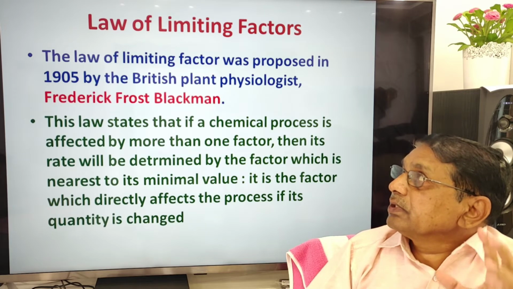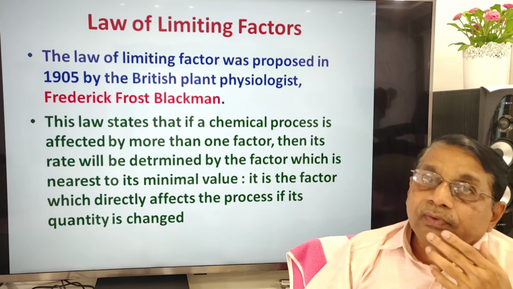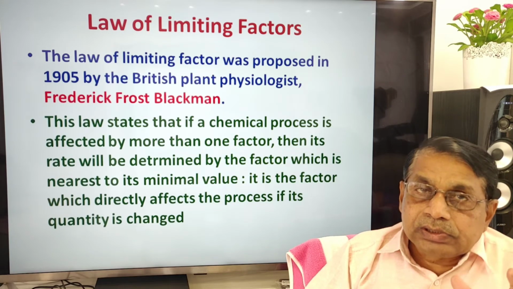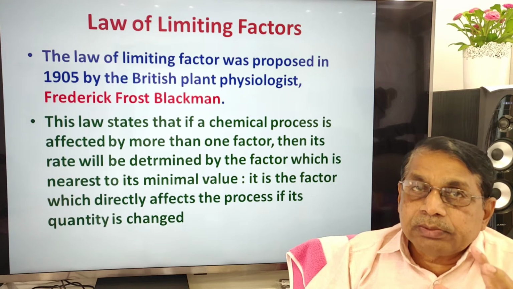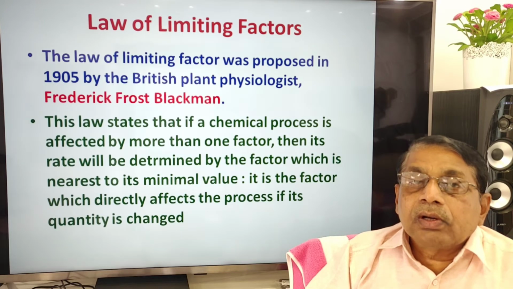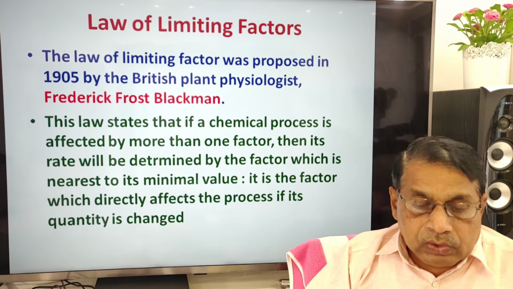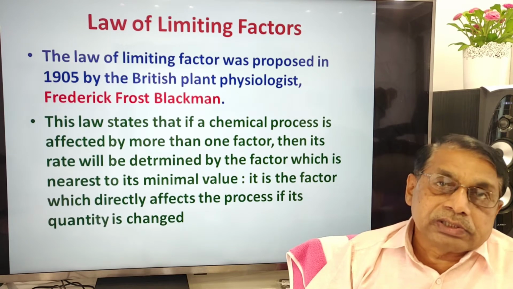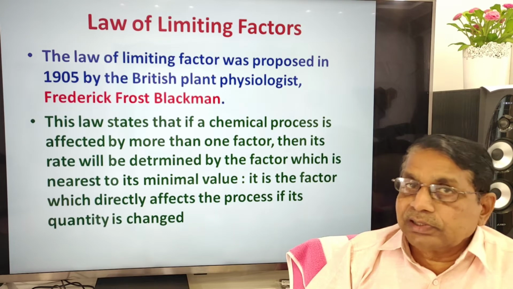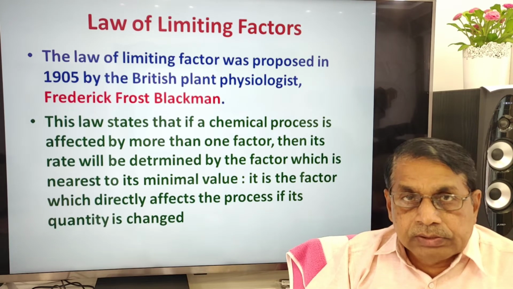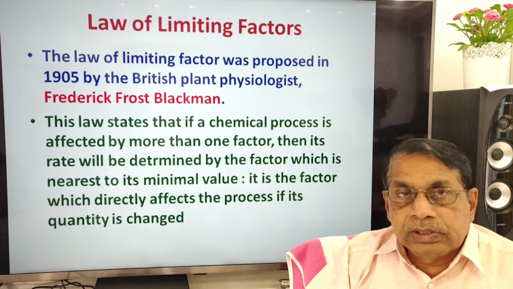Then another important topic, the law of limiting factors. The rate of photosynthesis is determined by 4 or 5 types of factors. Chlorophyll is necessary, light is necessary, water is necessary, carbon dioxide is necessary. These are 4 essential things.